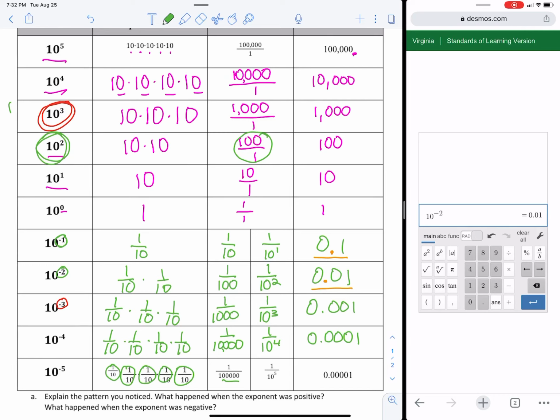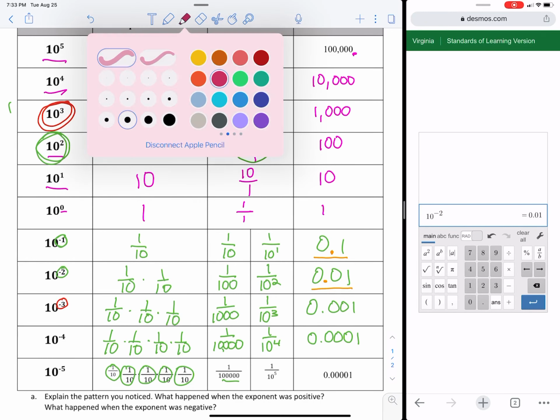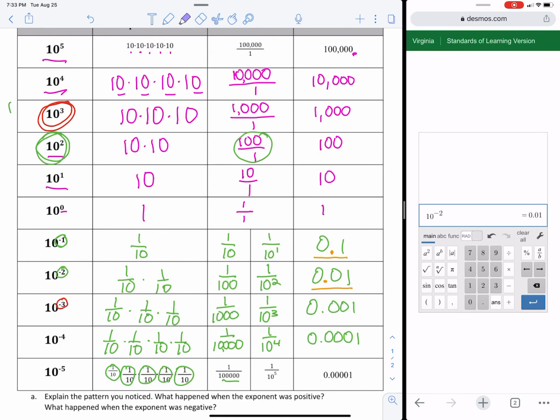Notice that this whole column matches these numbers in the denominator without the negative exponent.